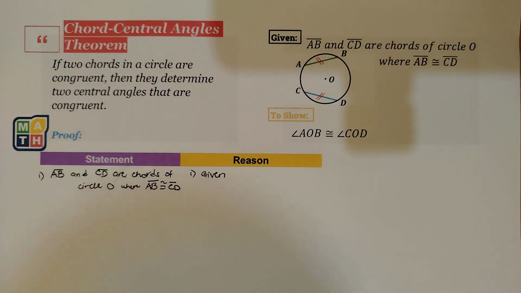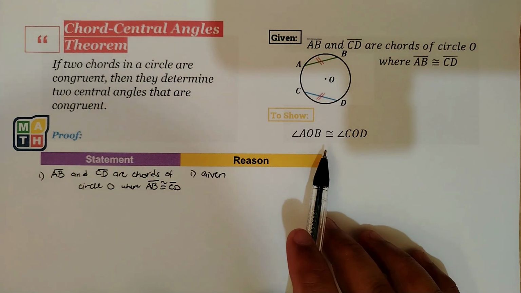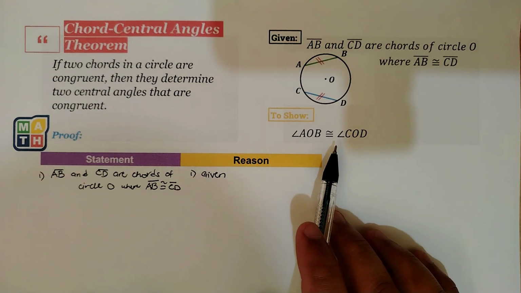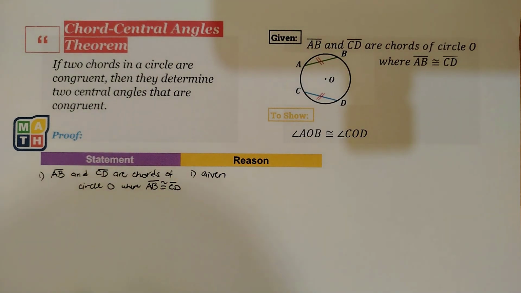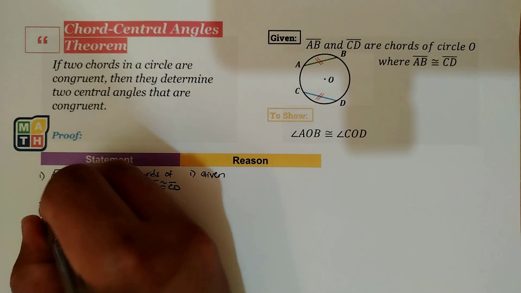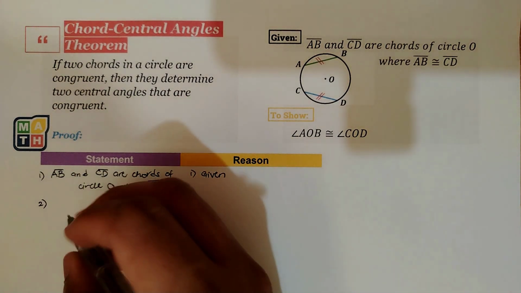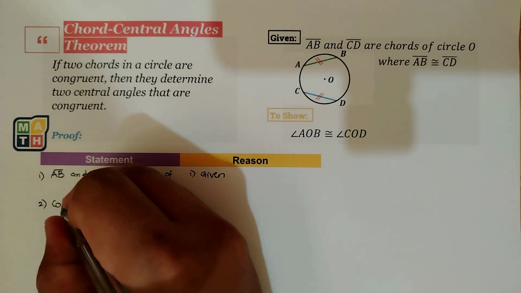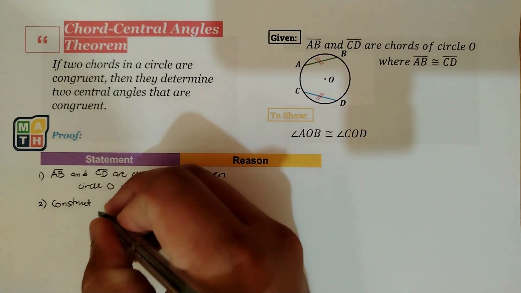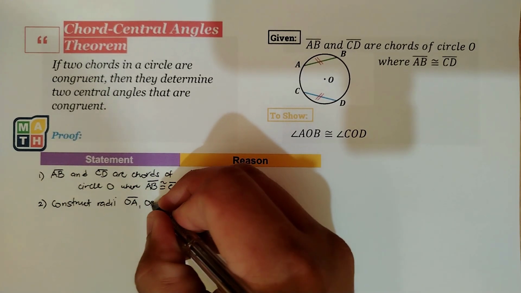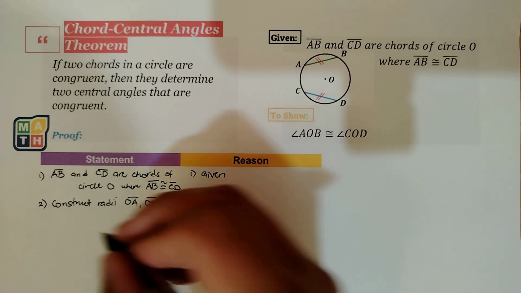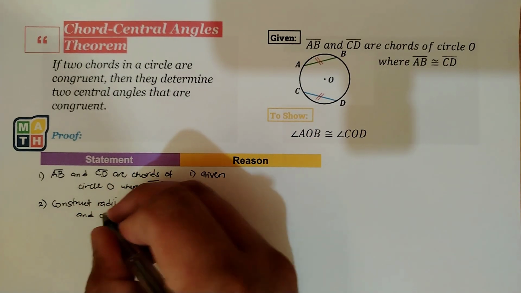We need to apply necessary skills, especially with the relationships of different figures and shapes, in order for us to reach this intended outcome, as this corresponds to our statement, so central angles are congruent. I would like us to start by constructing radii OA, OB, OC, and OD.